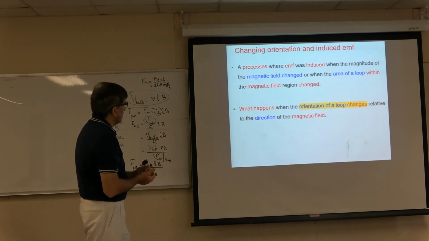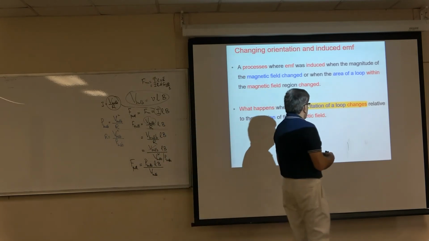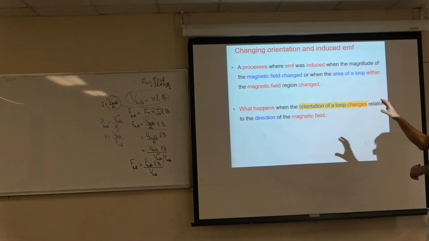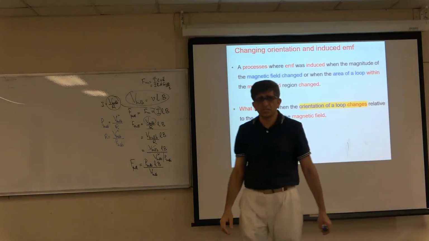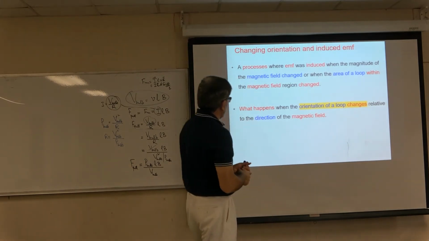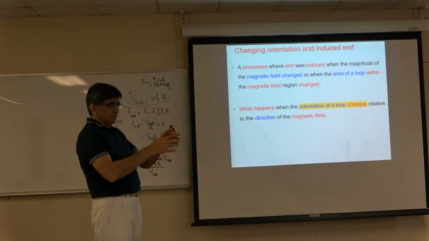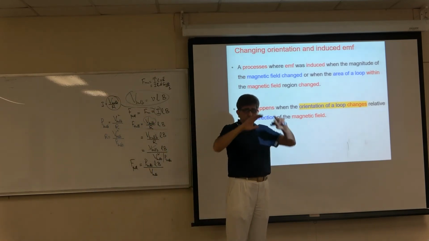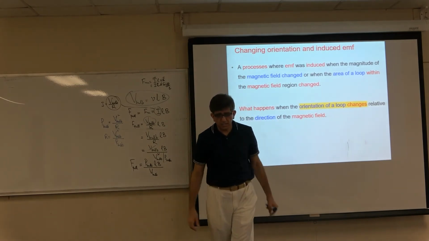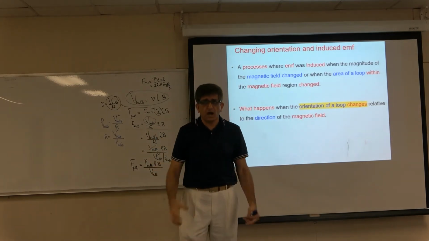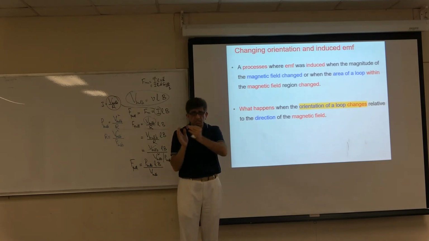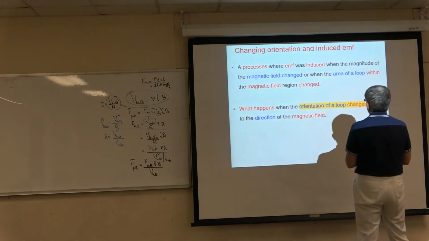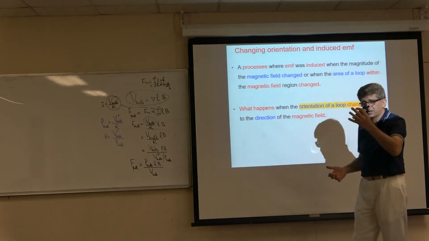Now, we learned the process where we can generate the induced electromotive force, EMF, and the induced current, while we change the magnitude of the magnetic field passing through the cross-sectional area, either by changing the magnetic field or by increasing or decreasing the area through which the magnetic field is passing, which means the change in the magnetic flux.